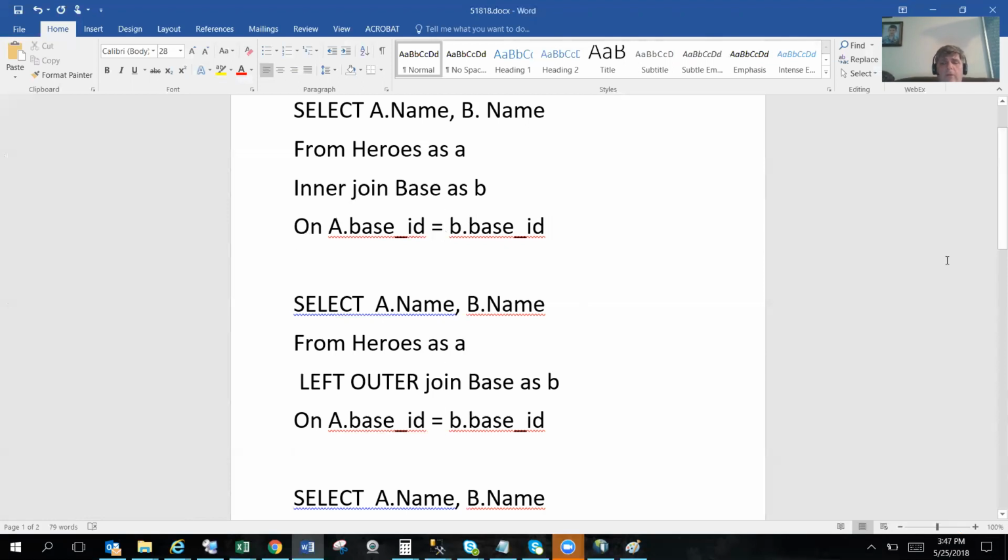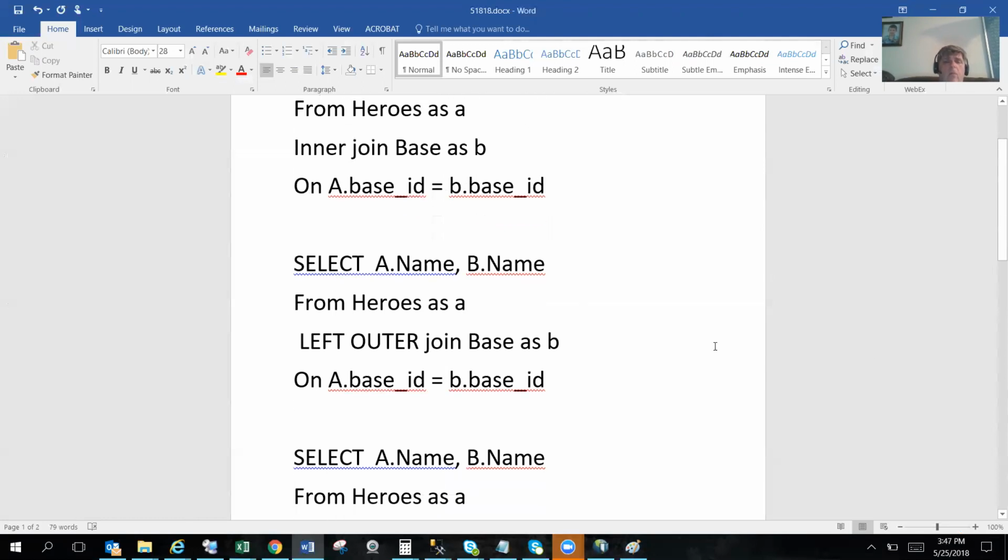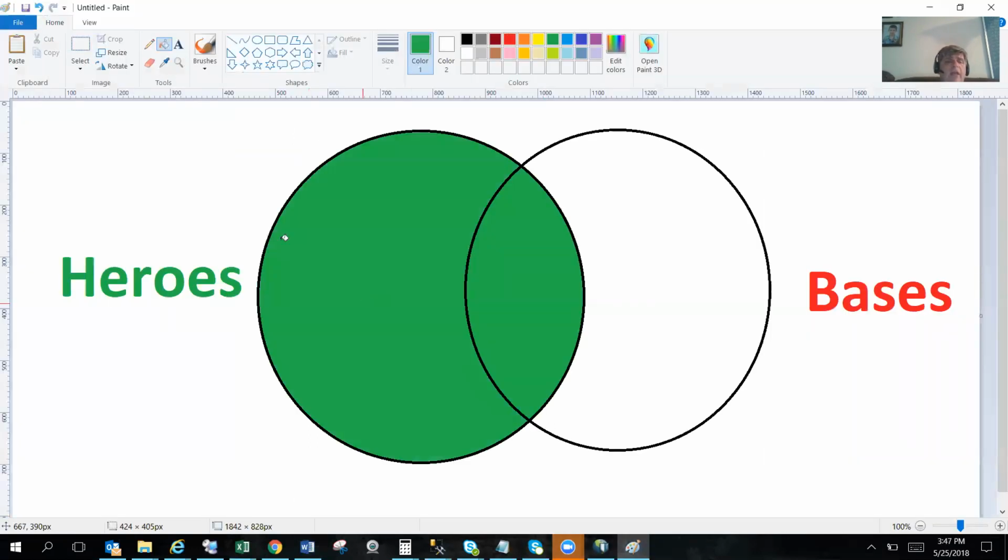Now, left outer joins. With the outer joins, if you're doing left, the table on the left side, which is the first table mentioned, gives you everything from that table plus whatever matches on the column you put in as the matching column.